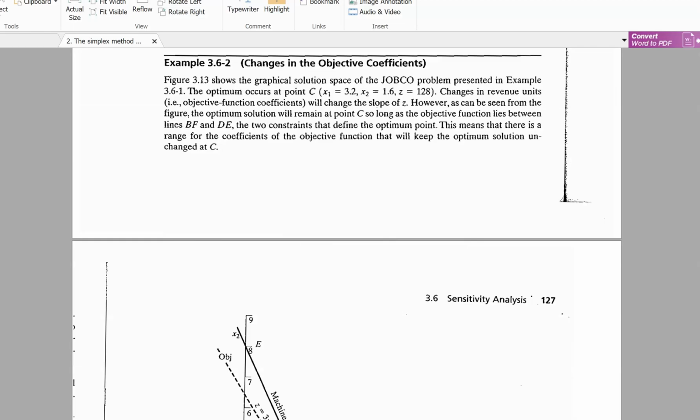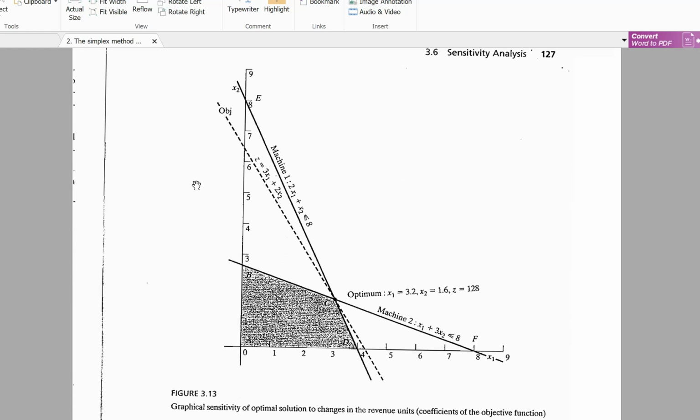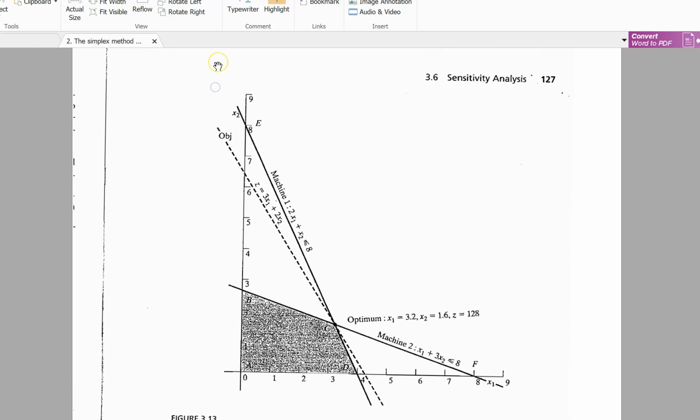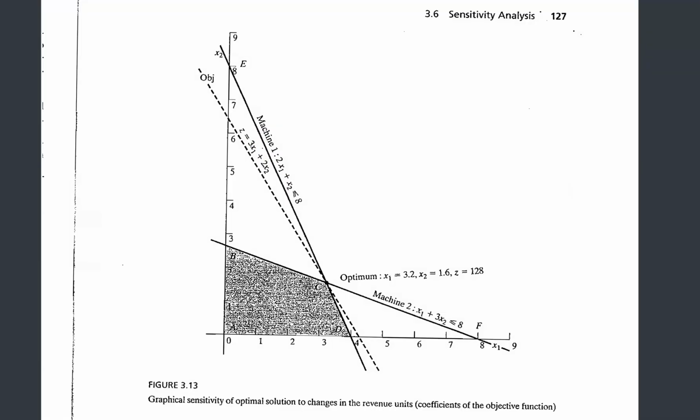Now, how do we calculate the optimality range? I'm using example 3.62. You can find it in the textbook. In this example, this is the objective function, this is a constraint and this is another constraint.